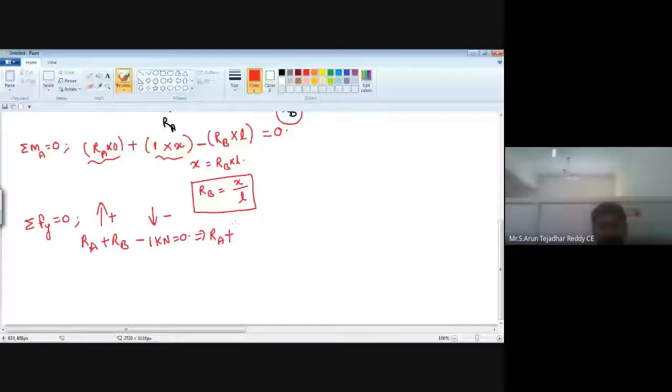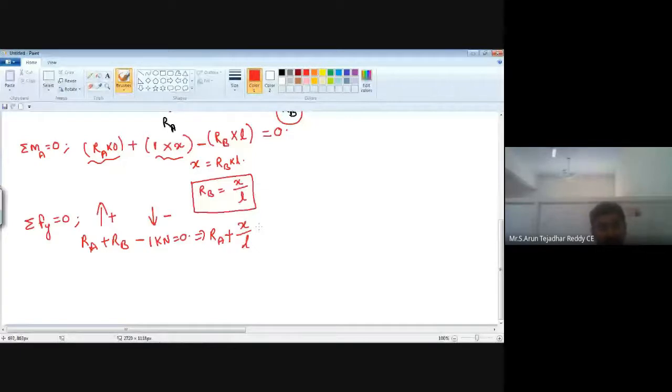Now we already know the RB value, that is x by L. Substituting the RB value in this equation, you will get the RA value.